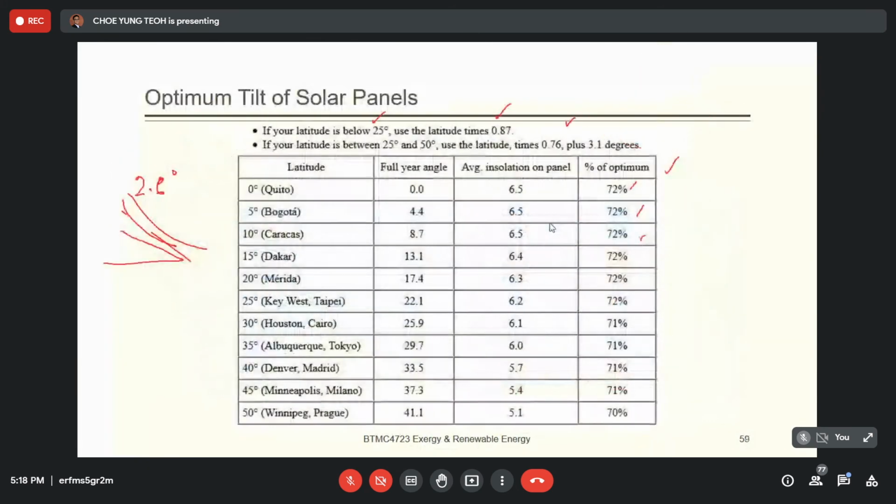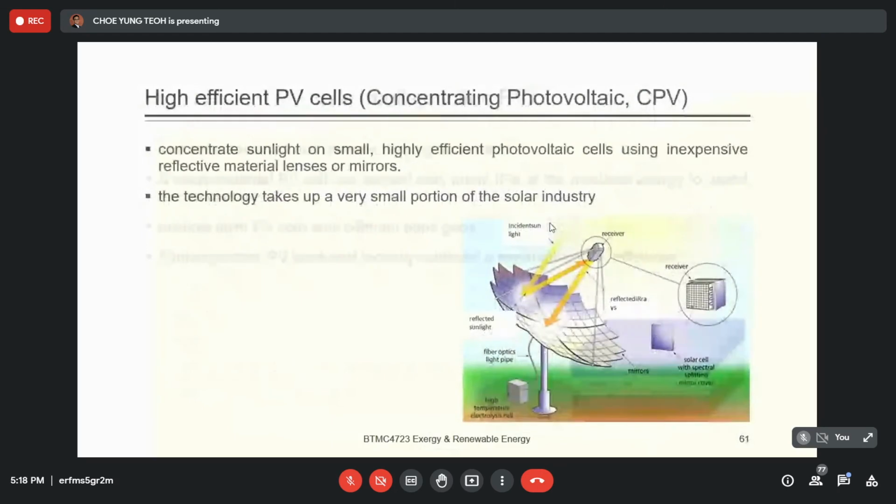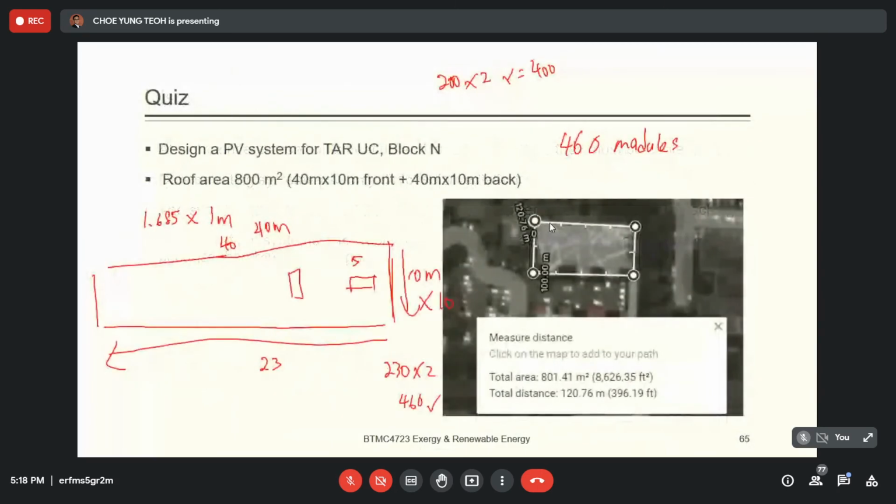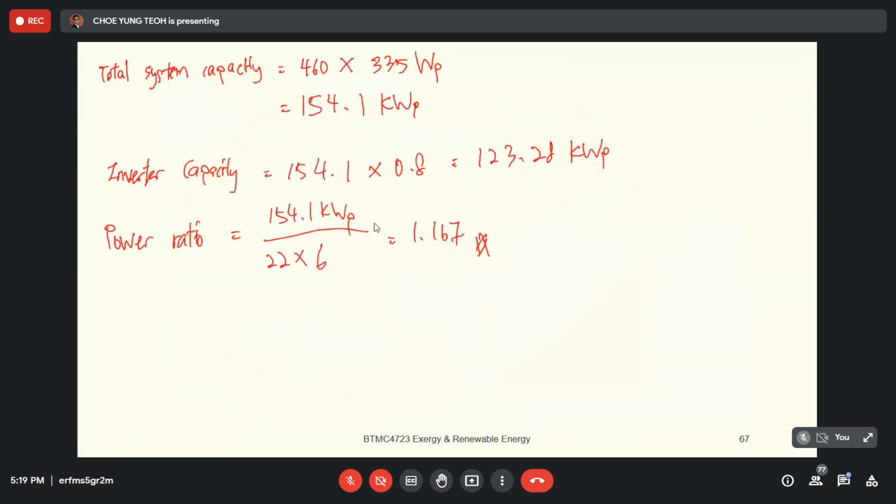So end up with, I have designed a PV system which will give me the power output of 154 kilowatt.